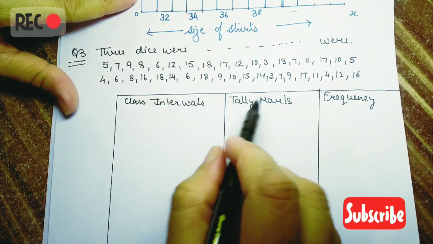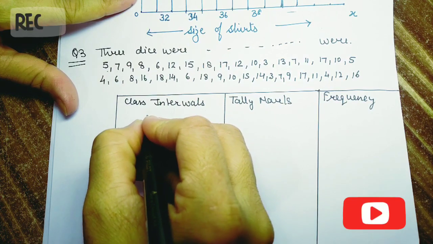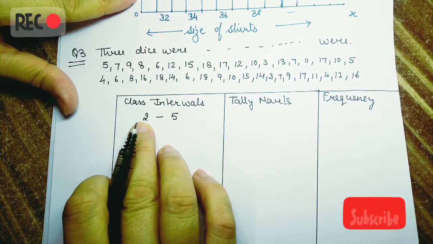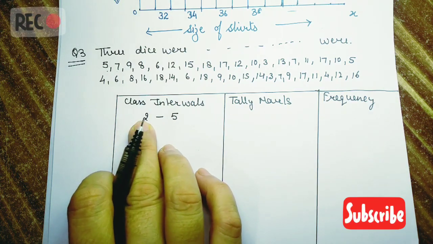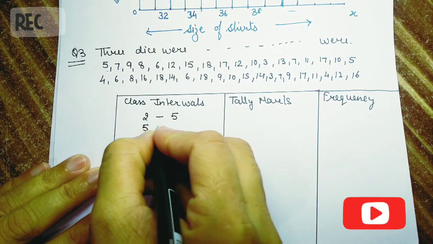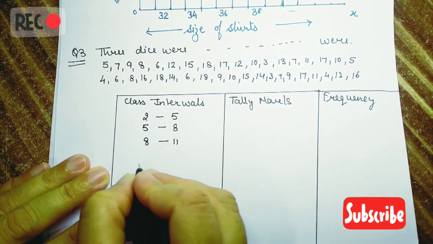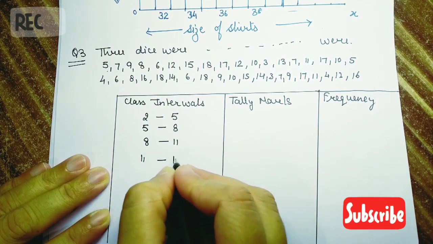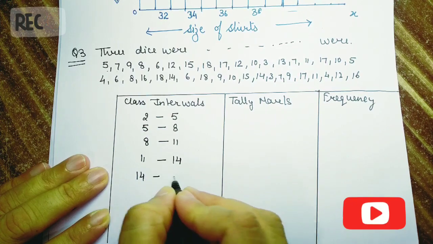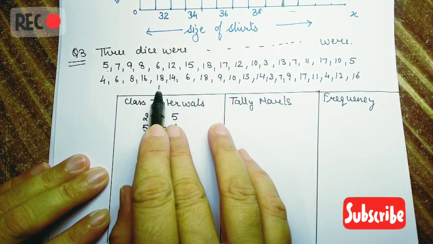So we can observe here the smallest number is 3, so we can start from 2 to 5. As you observe, the difference between 2 and 5 is 3. Okay, then again 5 to 8, 8 to 11, 11 to 14, we have taken the difference of 3. Then 14 to 17, and as we observe the highest number is 18.